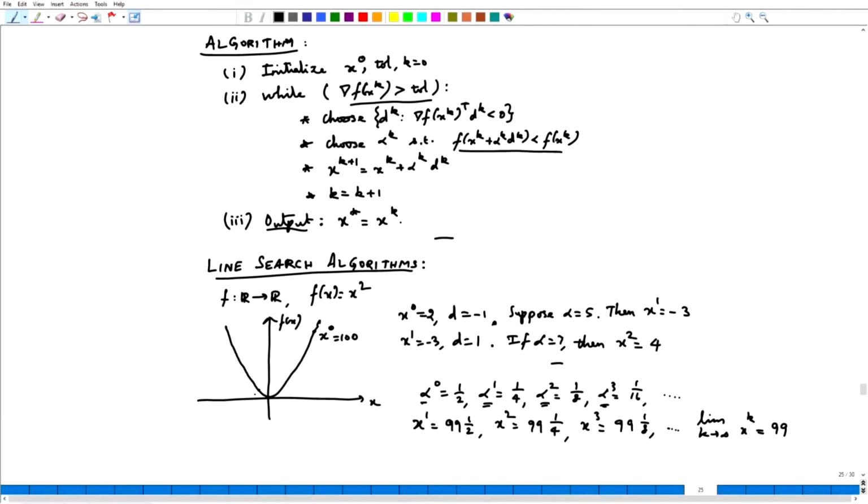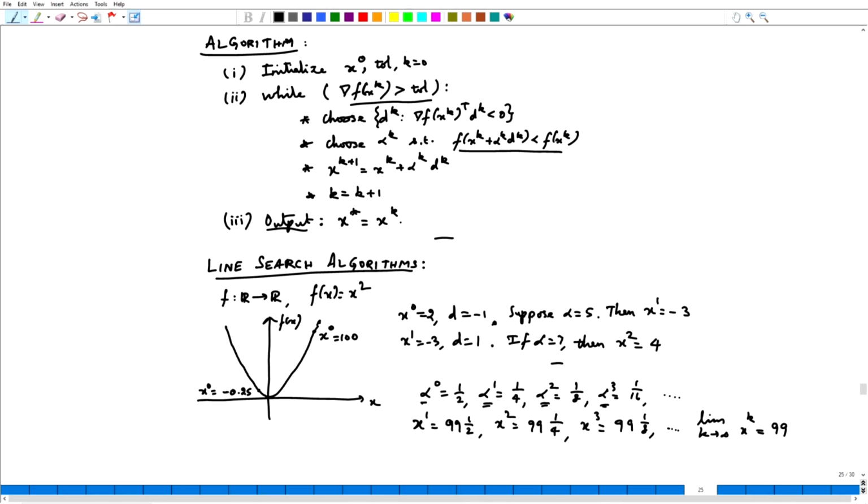I will again show that it fails even for this example if I choose x naught appropriately. So, let us say alpha equal to 0.5, and I will choose x naught equal to minus 0.25.